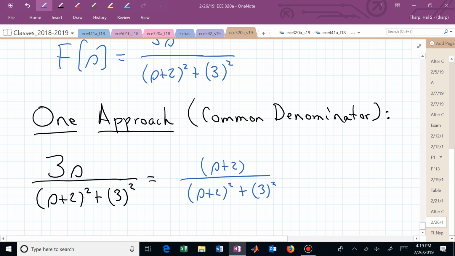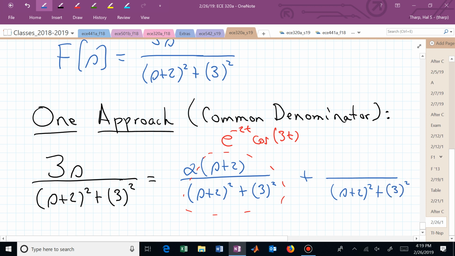And that we want to weight with a weighting of alpha. In the table, you would find that this structure corresponds to e to the minus 2t cosine of 3t in the time domain. What's the sine structure? It has exactly the same denominator.